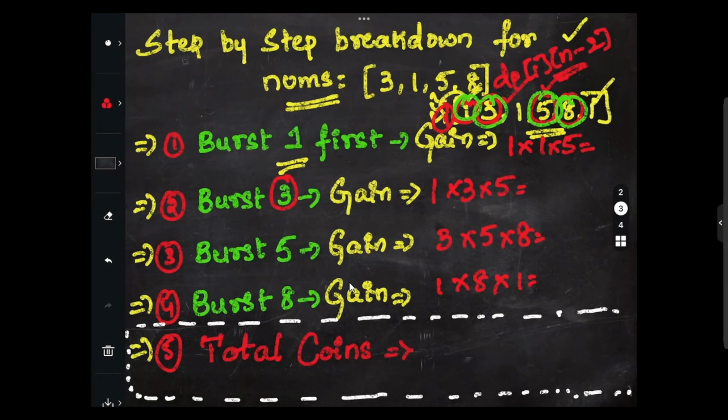Actually 5, and 3 into 5 will be 15. 3 into 5 into 8 will be 120, and finally 1 into 8 into 1 will be 8. Here we'll sum this up: 5 plus 15 plus 120 plus 8. So this will be 120, 135, 140, 148 we are getting.